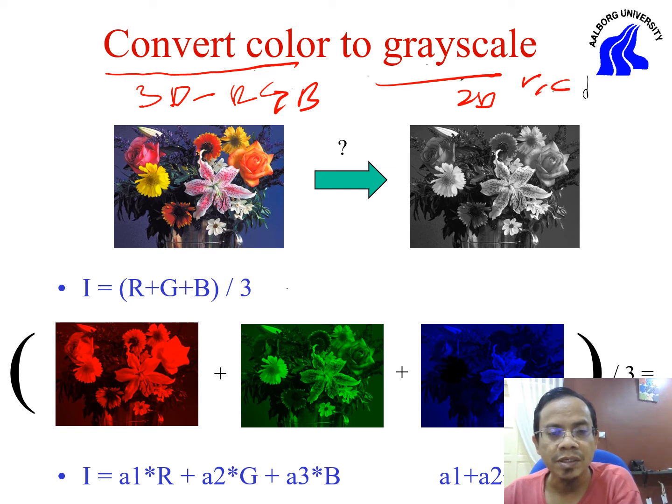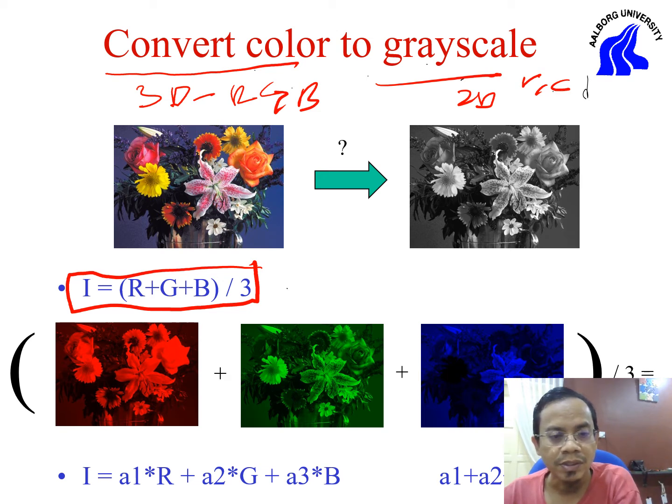Okay, this is grayscale. This is one method to convert color to grayscale: divide by 3. There are a few methods based on formula, so you can use any kind of conversion.